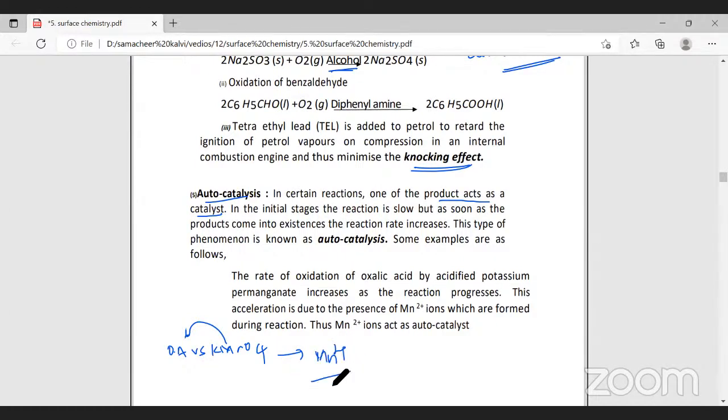Manganese ions will be formed. These manganese ions themselves will behave like a catalyst. So those kinds of catalytic reactions are called autocatalysis. Autocatalysis means that in a reaction, one of the products of the reaction will itself behave like a catalyst.